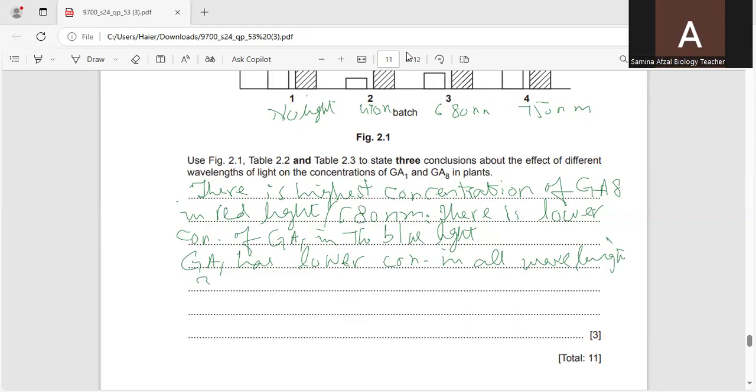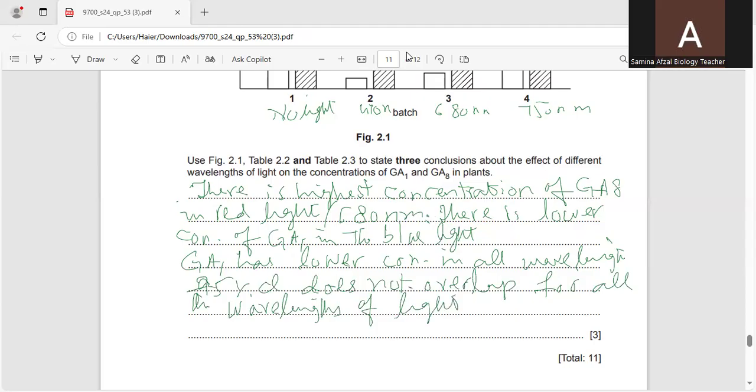Besides this, we can also write that 95% CL does not overlap for all the wavelengths of light.